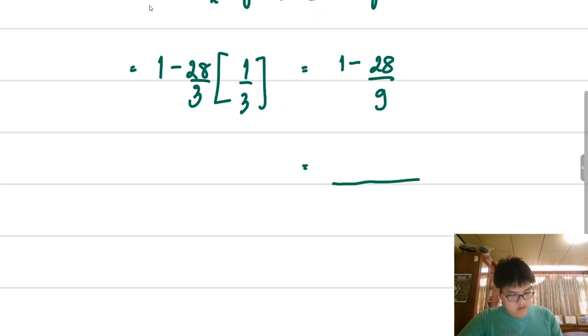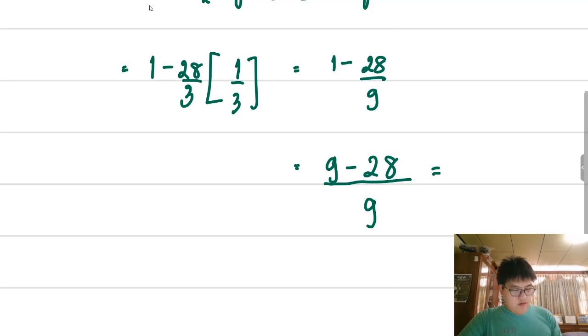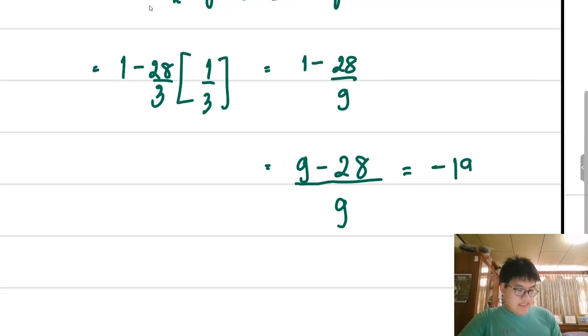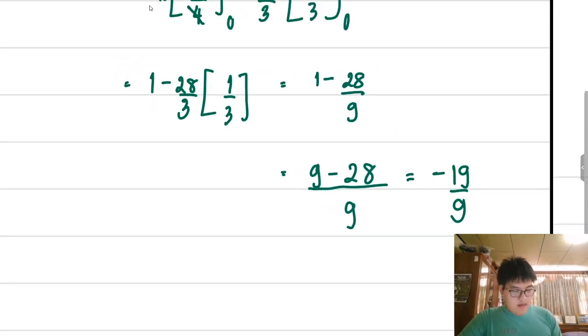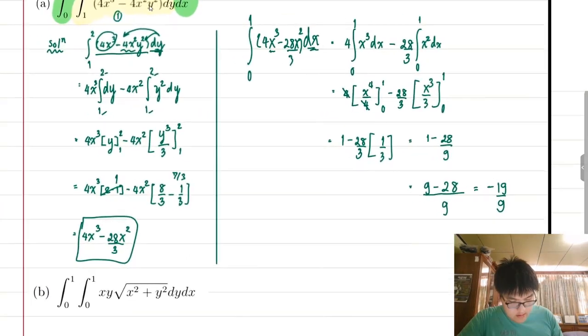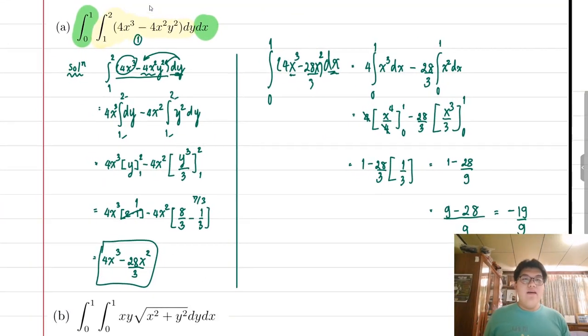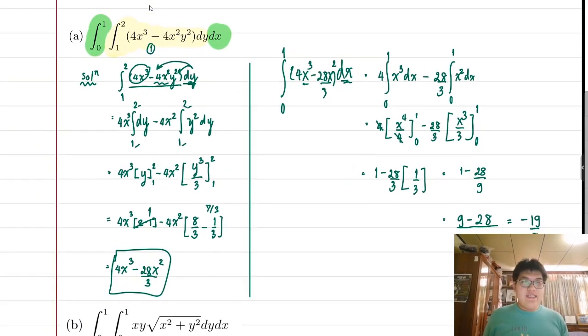Sorry, 9. This gives 1 minus 8 over 9... and this one is all for the multiple integration. For example A, the answer is negative 19 over 9.